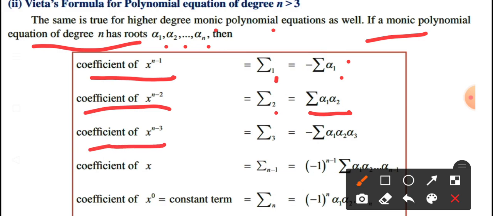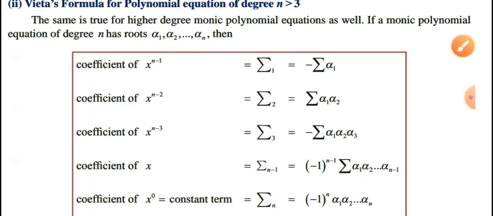Coefficient of x power n minus 3, we write sigma 3, that is minus sigma alpha 1, alpha 2, alpha 3. Now, coefficient of x is sigma n minus 1, that is minus 1 whole power n minus 1 into sigma alpha 1, alpha 2, etc., alpha n minus 1. Now, coefficient of x power 0, that is the constant term, sigma n, is equal to minus 1 whole power n into alpha 1, alpha 2, etc., alpha n.